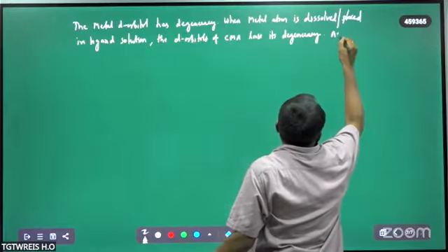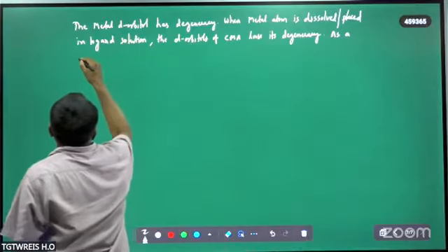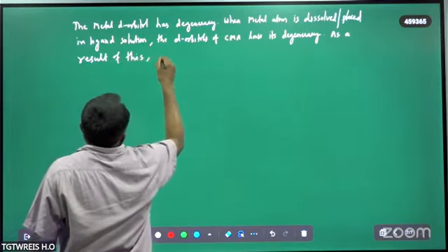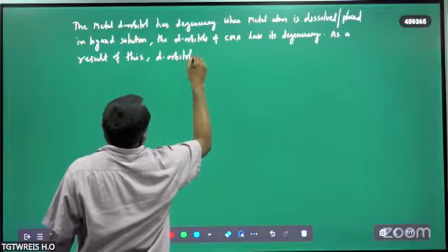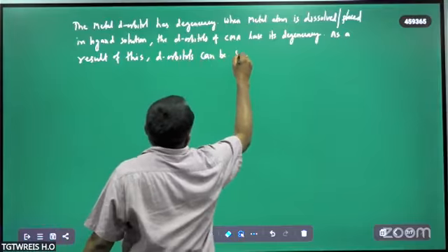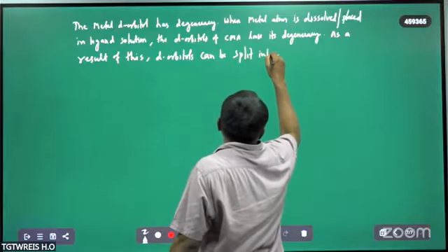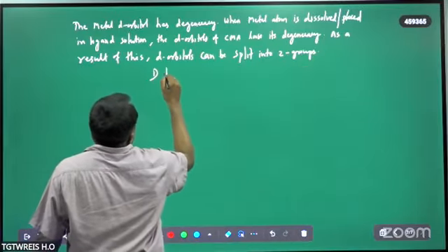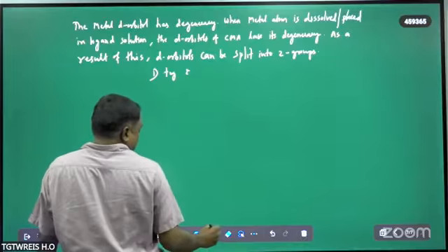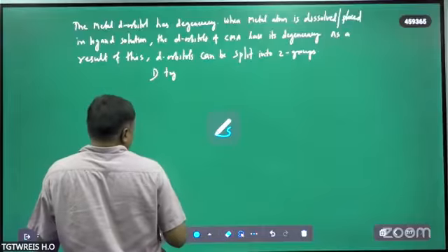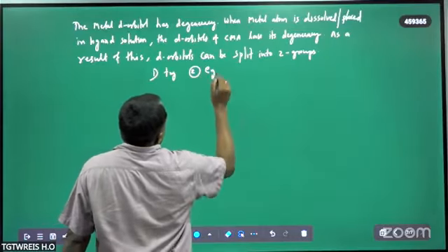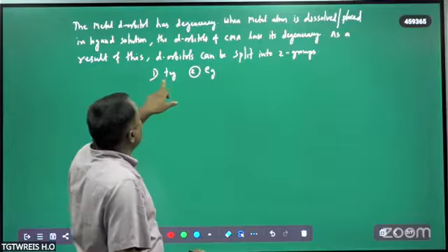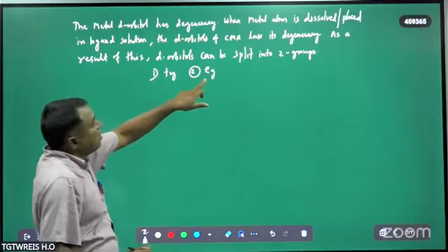As a result of this, the d orbitals can be split into two groups: one is the t2g and another is the eg.